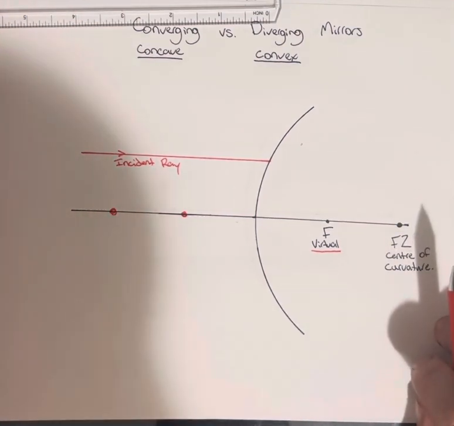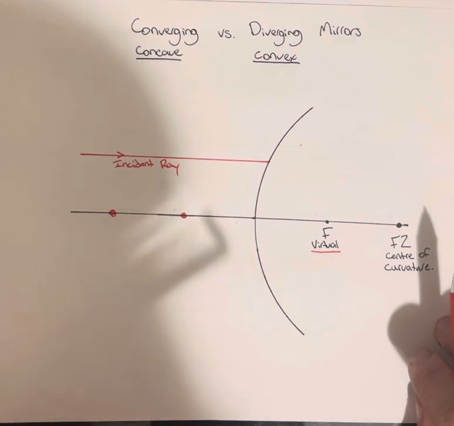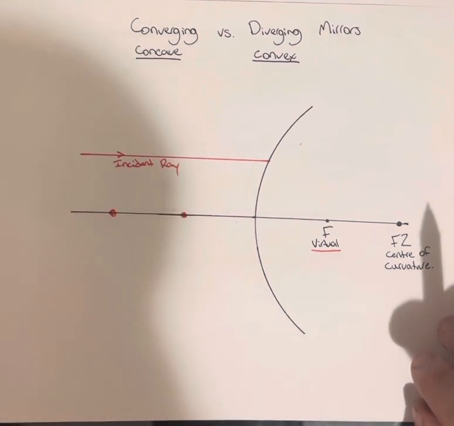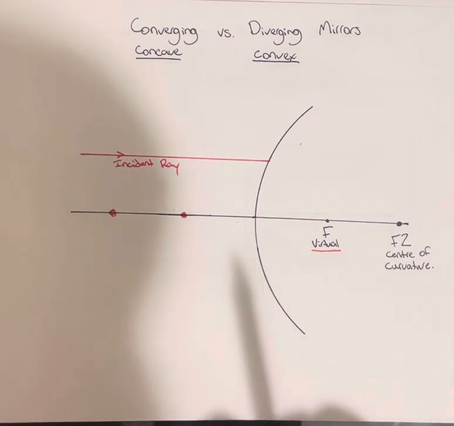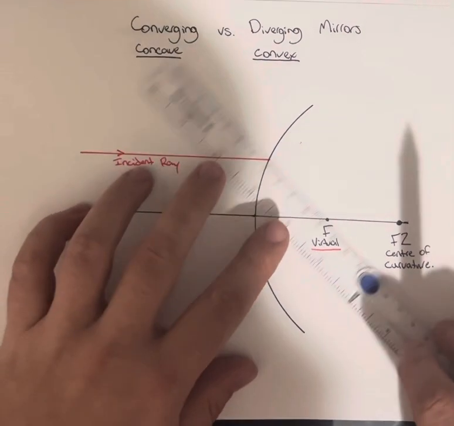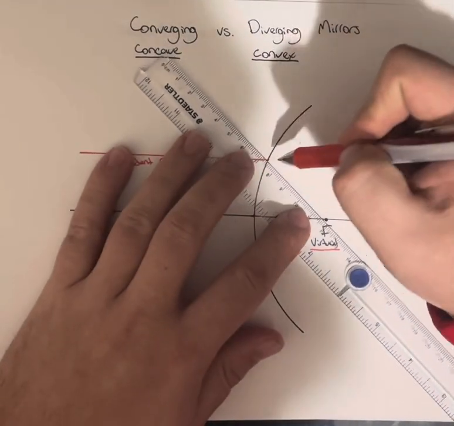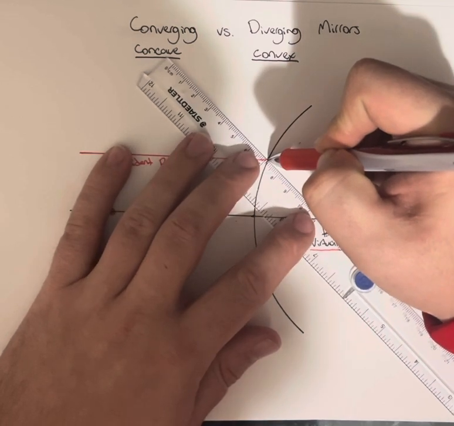And what's going to happen here is we are going to reflect that ray off of the surface of the mirror in the direction that it appears to be going. So here, you will notice that that individual ray is going to reflect off of that mirror.